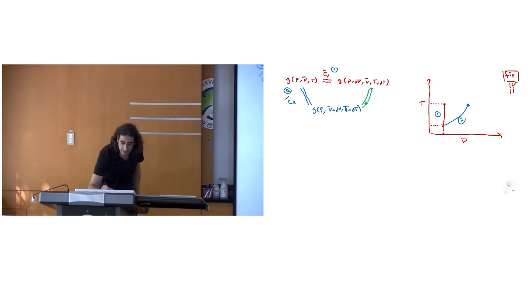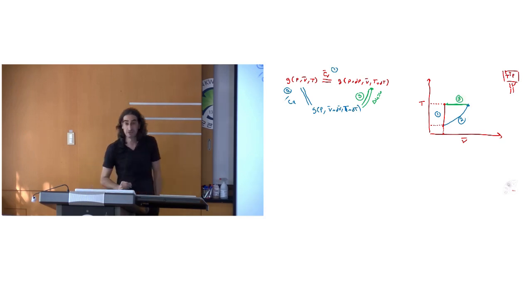Of course, everything is reversible here. Constant temperature, what does it mean? Isothermal. So it will be like this. This is 3.